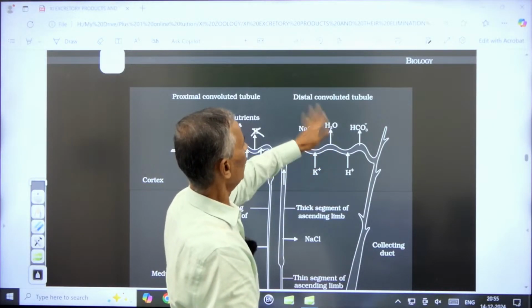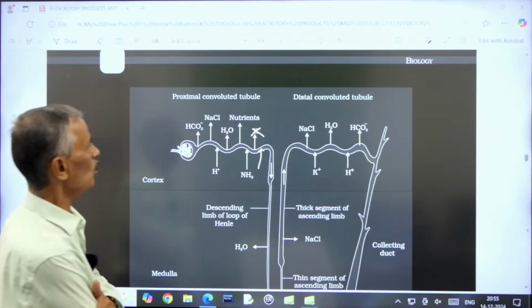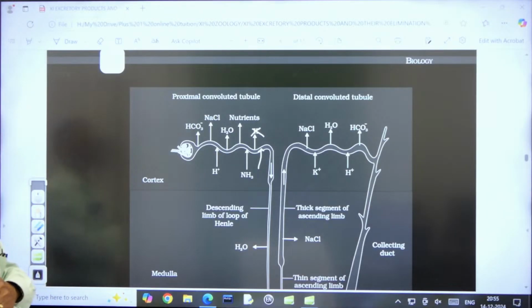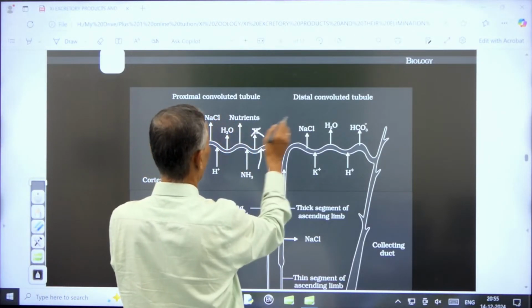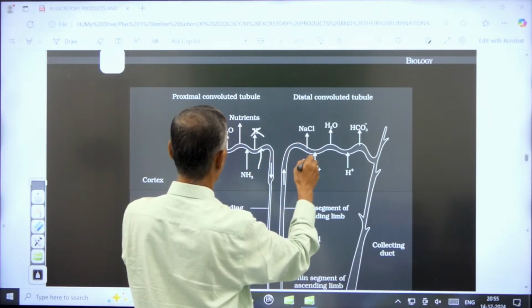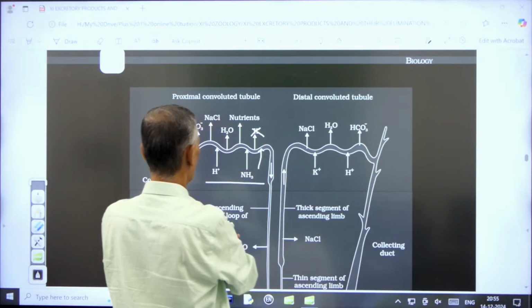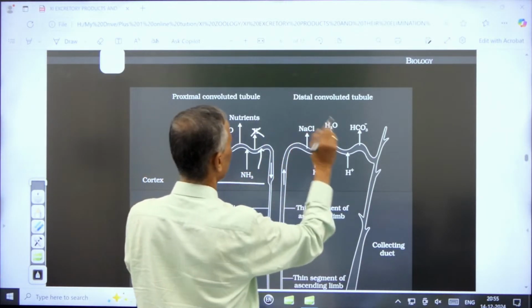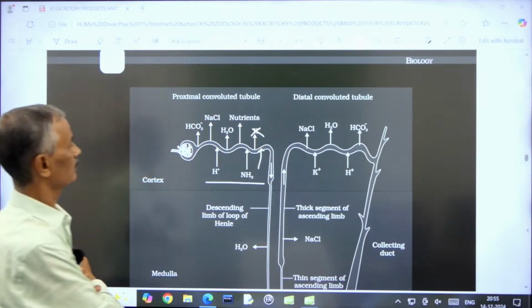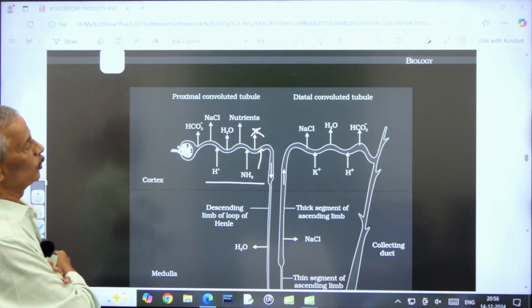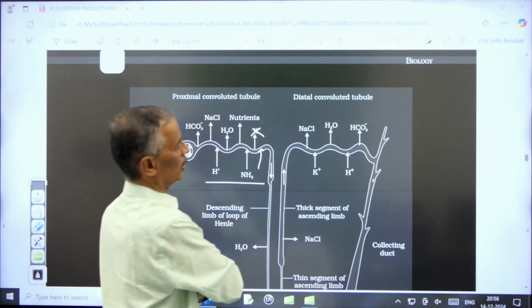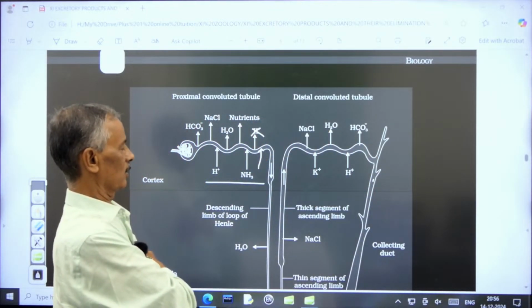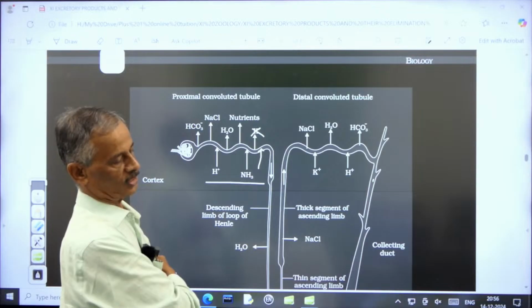Sodium chloride and water are also absorbed. So, we have tubular absorption as well as tubular secretion taking place in both PCT and DCT, so that the urine now enters the collecting duct.